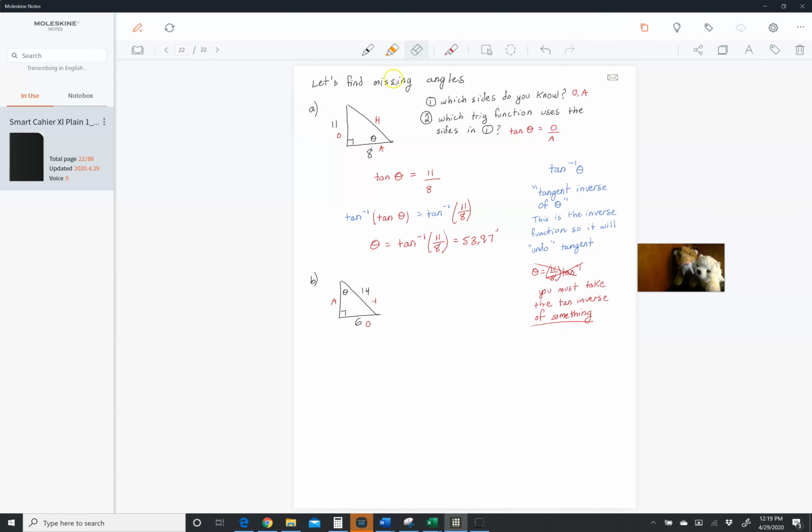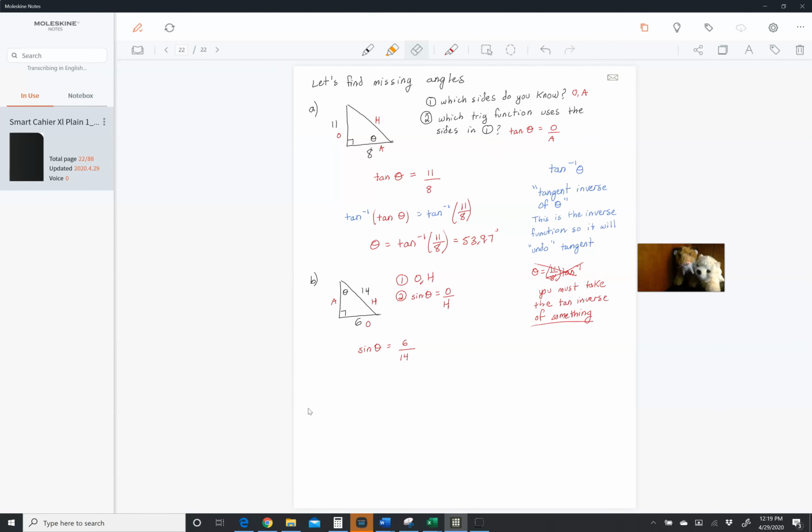We're going to answer our questions. First one is, what are the sides that we know? Well, we know the opposite and we know the hypotenuse. And then which trig function? This is sine. The sine is equal to opposite over hypotenuse. So we plug in: sine of theta is equal to 6 over 14.